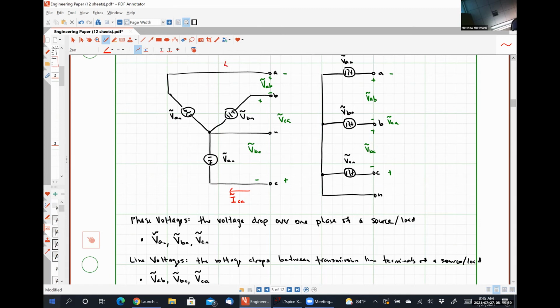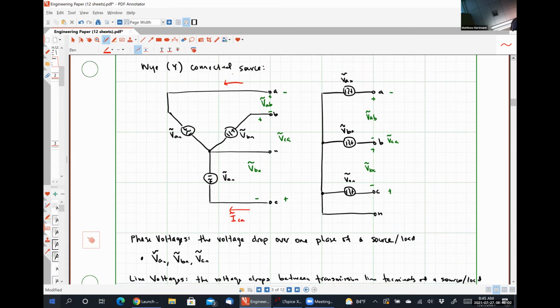Similarly, I will have a phase current IAN like so, flowing from terminal A towards the neutral terminal, and I will have phase current IBN. I can draw all of these on my right-hand graph. IAN, IBN, ICN, like so.